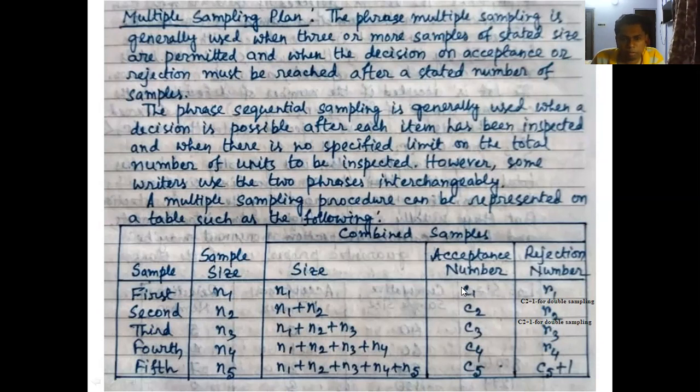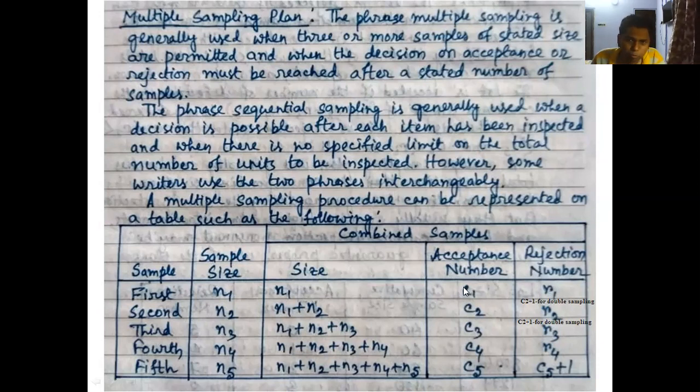If you find defectives equal to or less than C1, then you will accept the lot. Otherwise, if it goes beyond R1, it means it is bad enough to reject, so you will reject the lot.